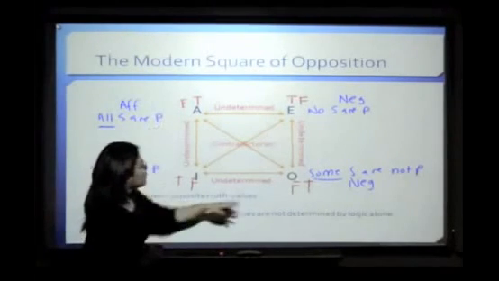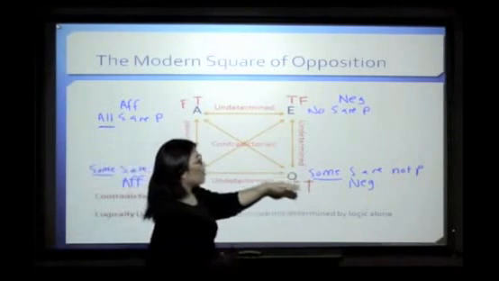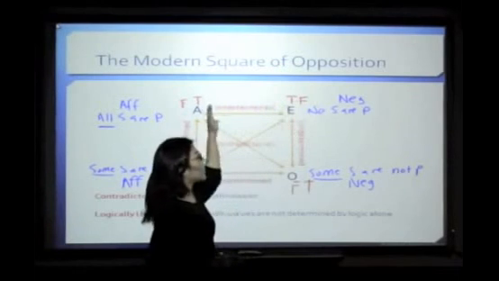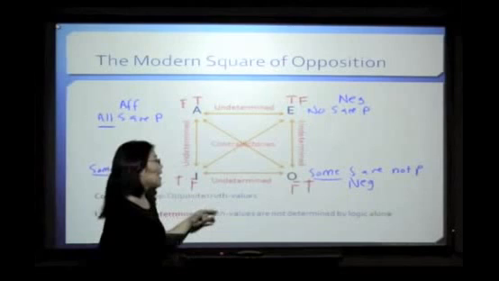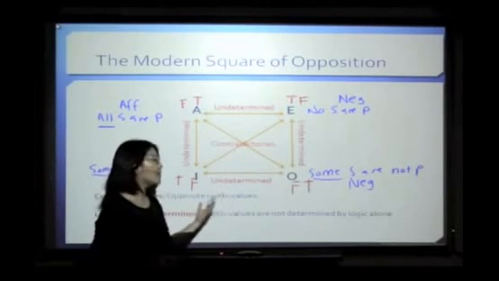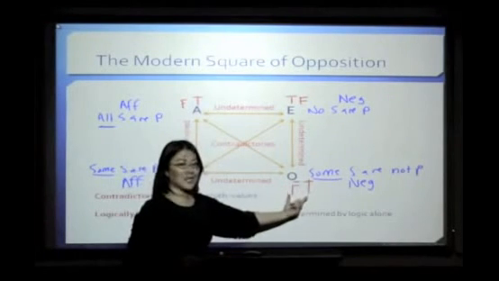Now, all the other relations, the A with the I, the O with the E, and the E with the A, are logically undetermined. What this means is that we can't tell what truth value one of these statements has based on its opposing statement.